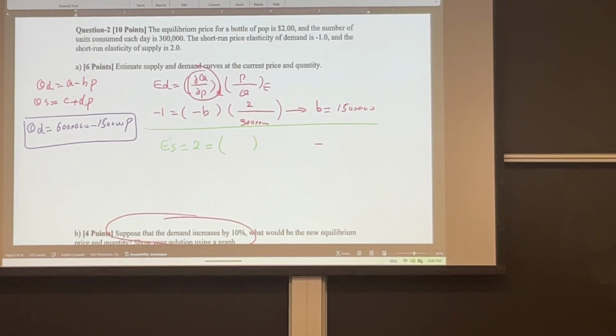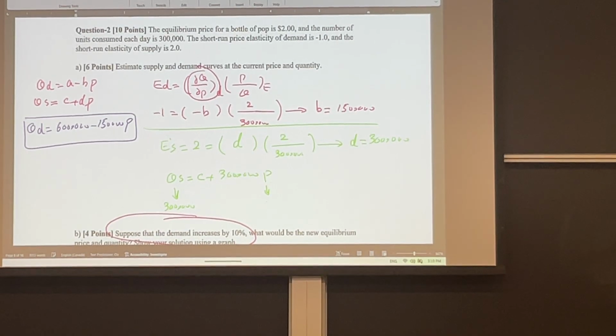That should be equal to the slope of supply, which is D, times price over quantity, which is 300,000. So what would be D? That sounds like 300,000, right? Then that's the supply. This is 300,000.